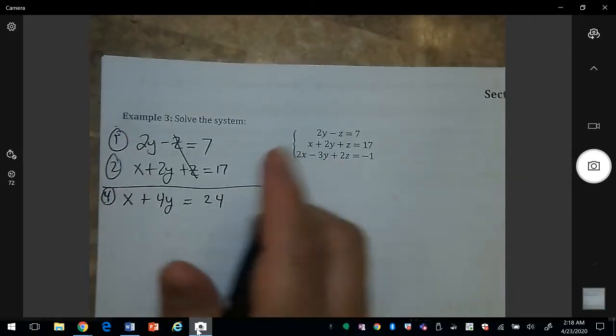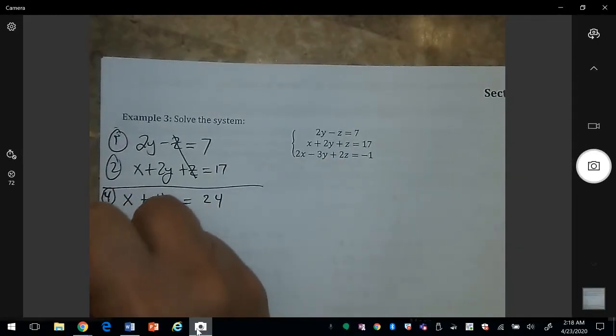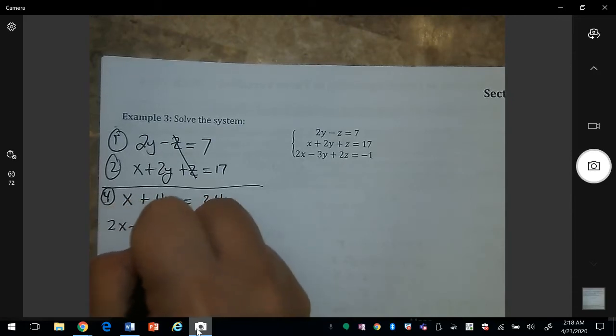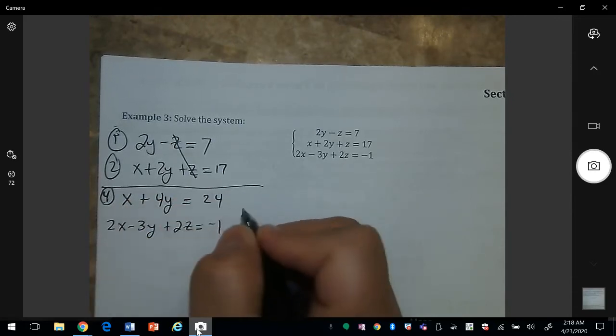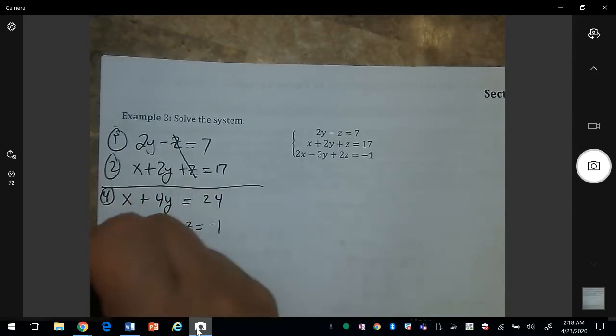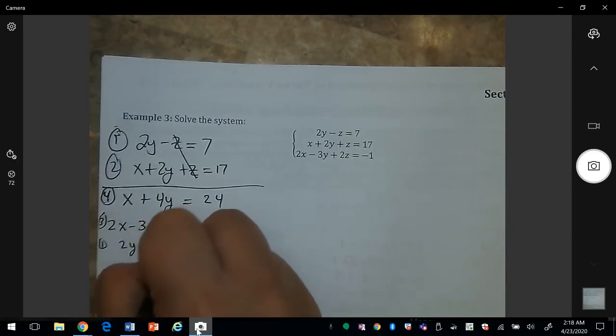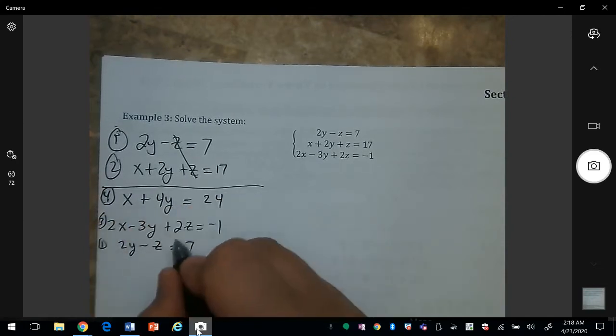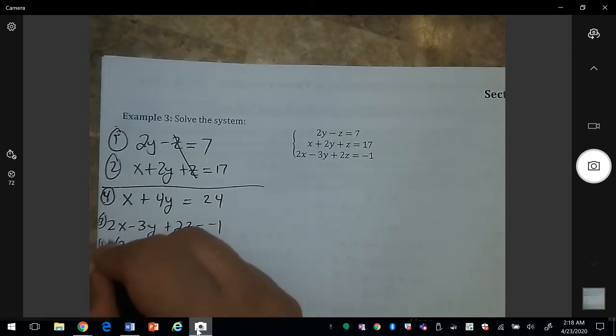Then the third equation I have not used, so I'm going to go ahead and write it here. And I'm going to use equation number 1 to help me get rid of the variable. So here, notice that the z's don't have opposite coefficients. So I'm going to multiply this equation by 2.